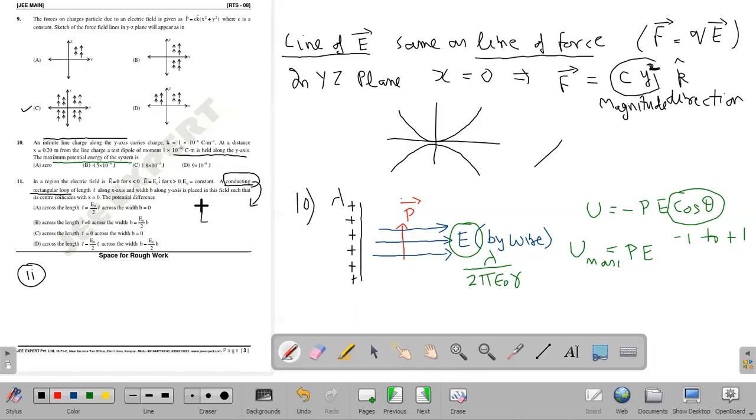We all know that the electric field inside this conductor will be zero, and in the absence of electric field, there cannot be a potential difference across this conductor, whatsoever the reason is. As long as you are dealing with a conductor in electrostatics, remember that the electric field inside a conductor has to be zero, and therefore the potential difference across any length of the conductor will be zero. So it should be option C.